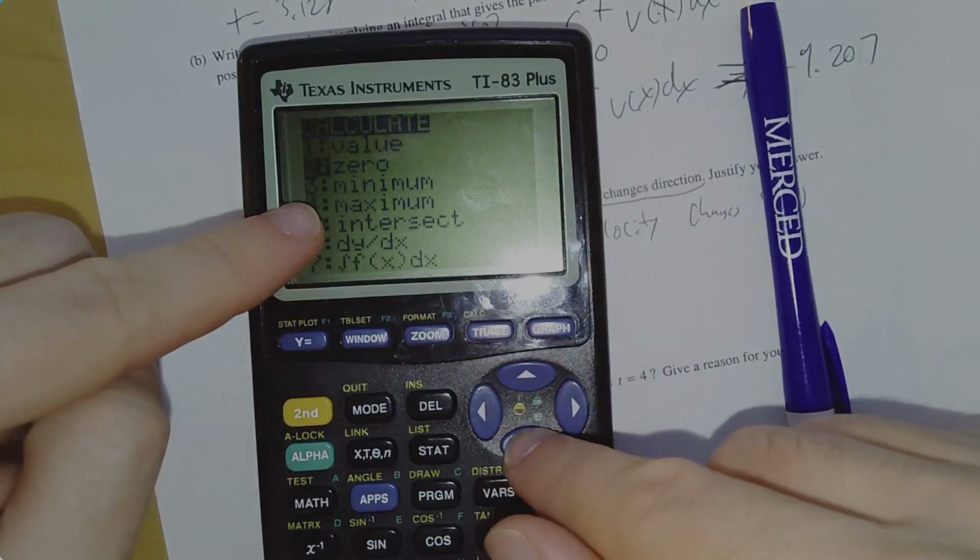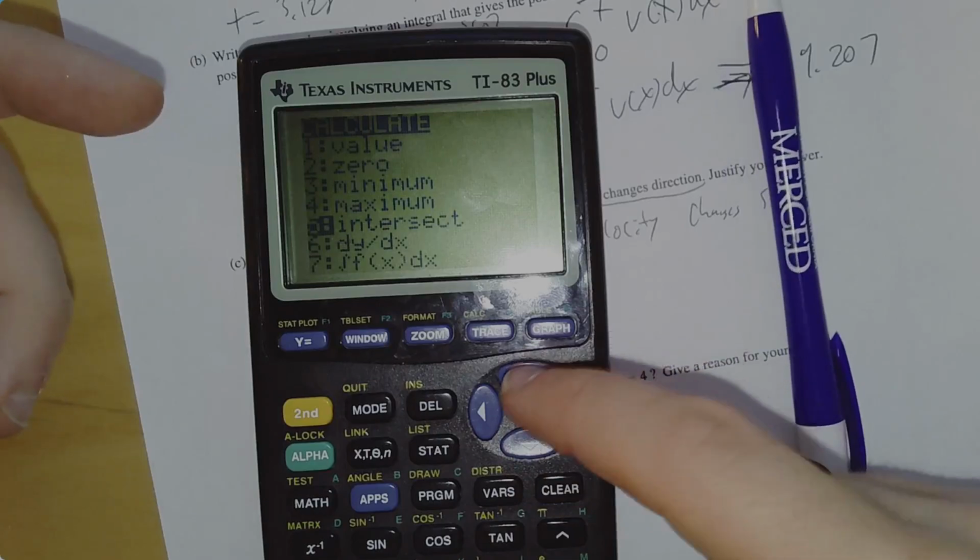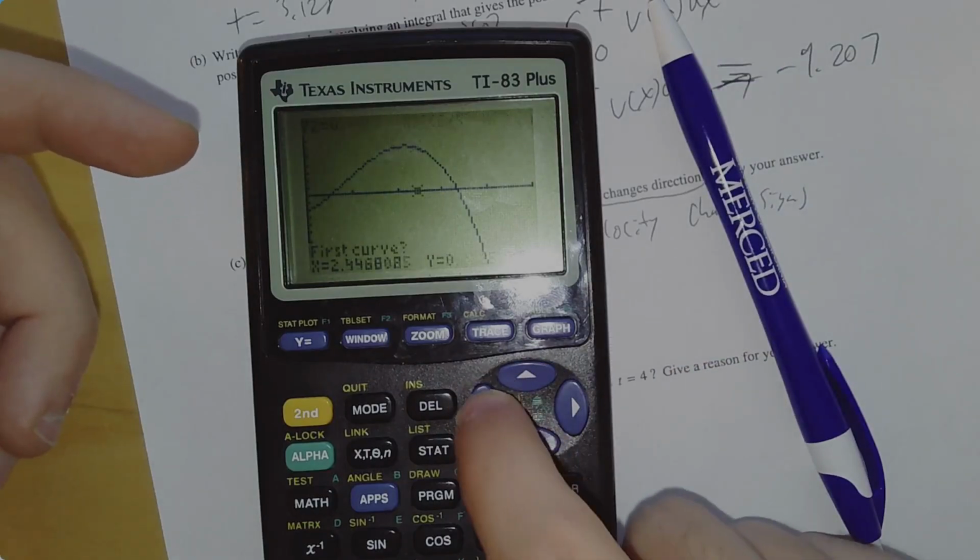To find that, you have two methods. You can set v of t equal to 0, or you can do what I just did and plot v of t as a function, and then you can just find the intersect. It's just easier to find the intersect, so that's why I like it.